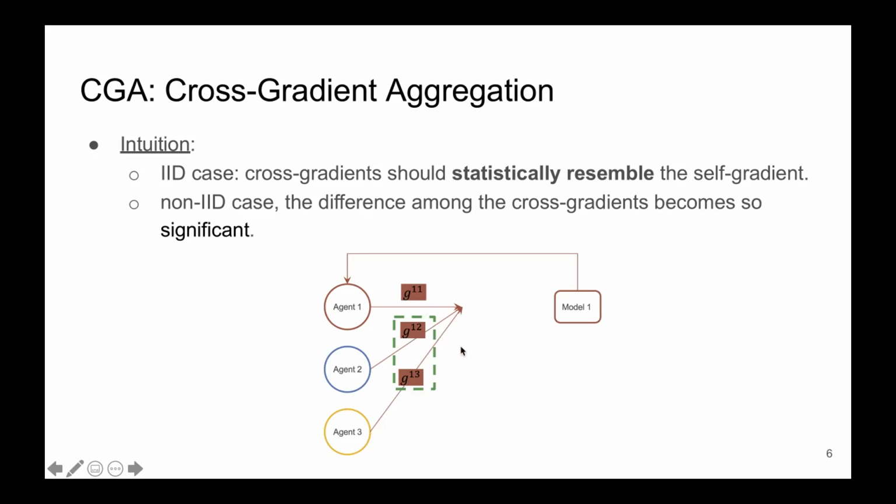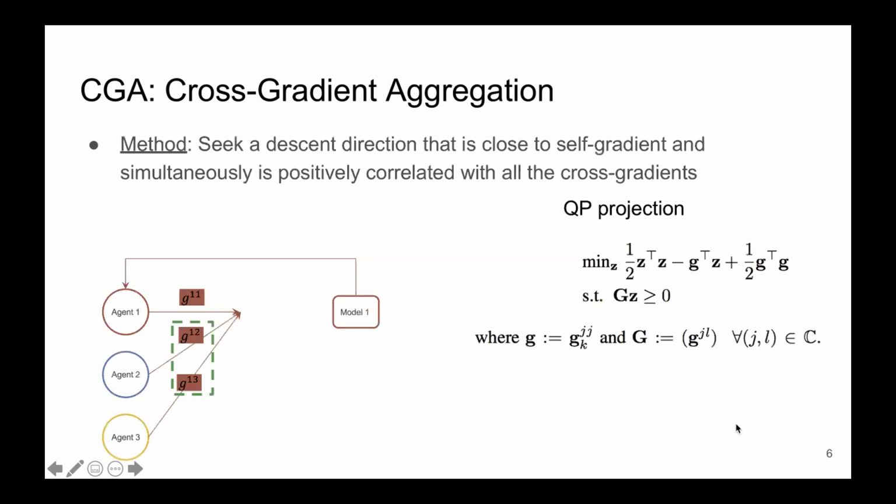But in the non-IID case, the difference between the cross gradients in different agents becomes so significant, and consensus may be difficult to achieve. So how do they deal with this case?